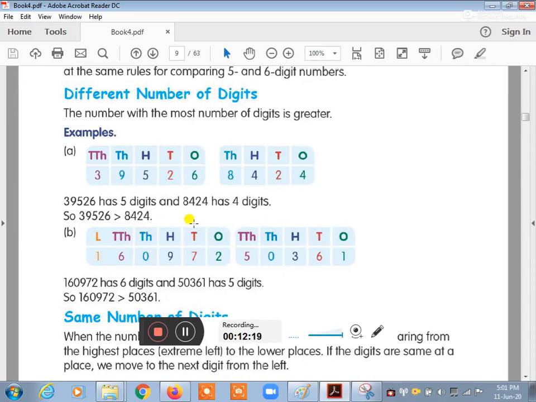So wherever you see the digits, for the first part you have a 5-digit number and the second part you have a 4-digit number. So you have to assume the 5-digit number is greater than the 4-digit number. So this is the first rule.